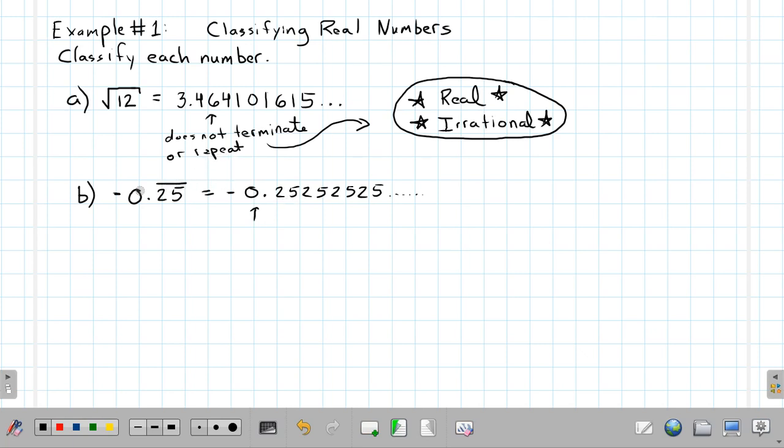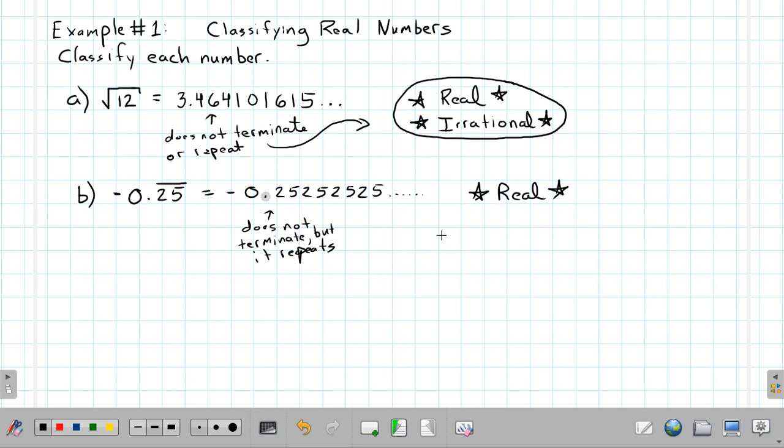Okay, so this is actually a decimal that does not terminate, but it repeats. So what we can say about that, well, first off, it is a real number.